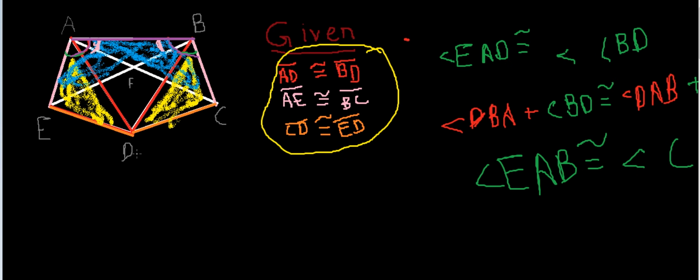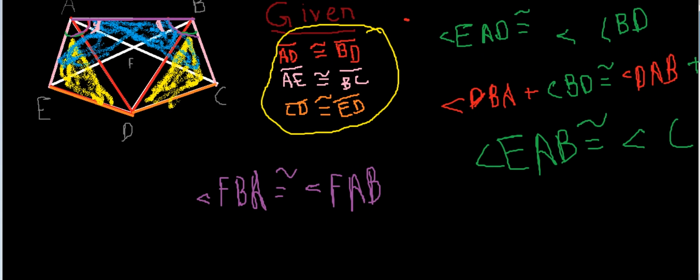Alright, so now that we've proven triangle EAB and triangle CBA congruent, we can use CPCTC to say that angle FBA is congruent to angle FAB. So once again, those are these two angles right up here. We can prove that those are congruent. Remember CPCTC.